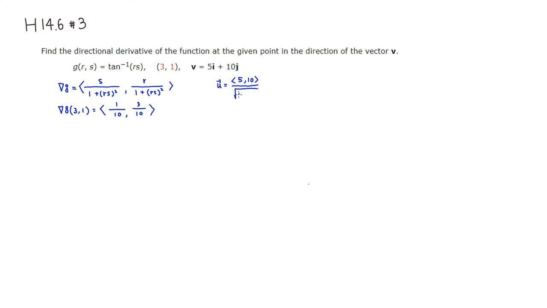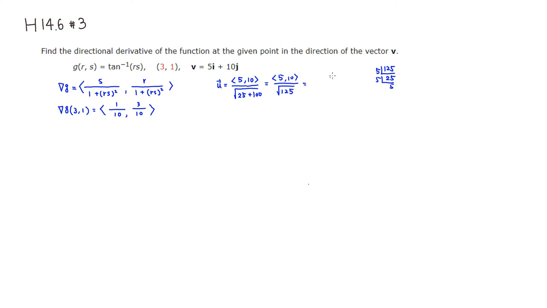So 5 squared is 25, plus 10 squared is 100, so you're going to get (5, 10) over the square root of 125. So what's 125? 125 divided by 5 is 25, and 25 is 5 times 5.